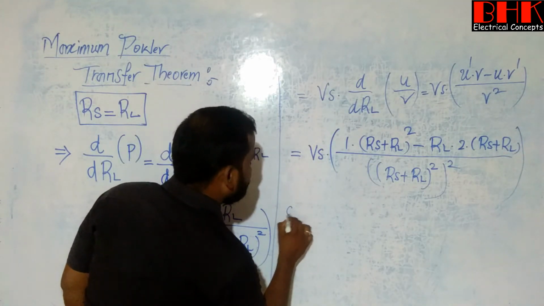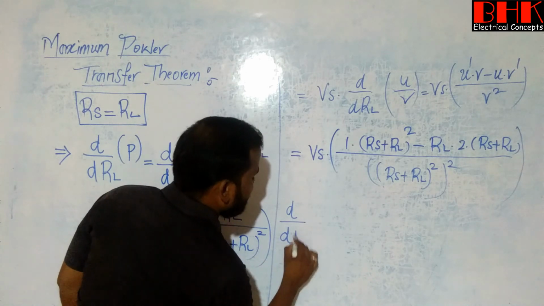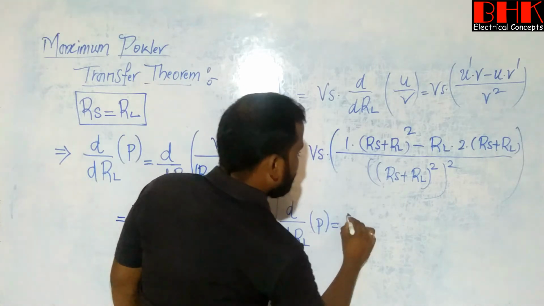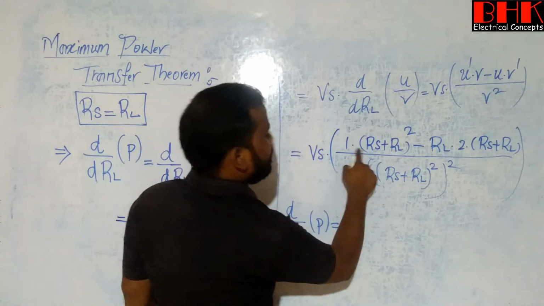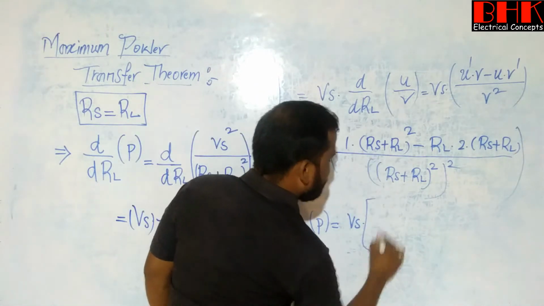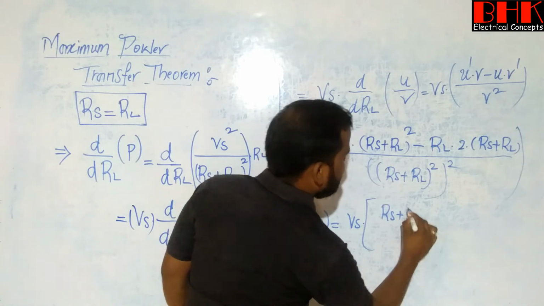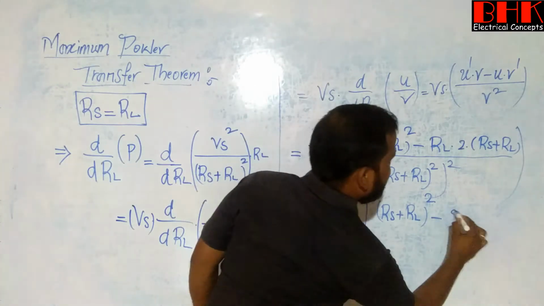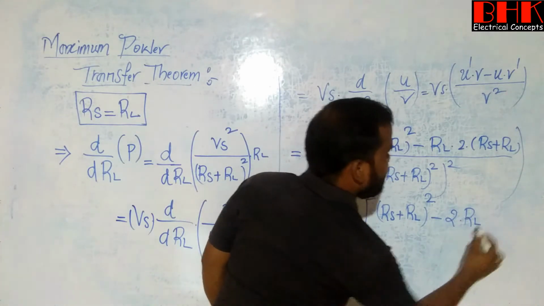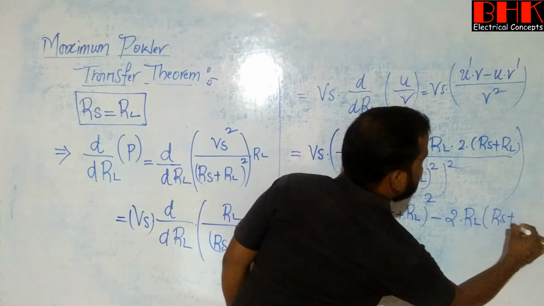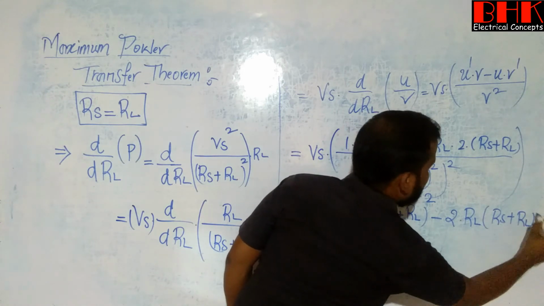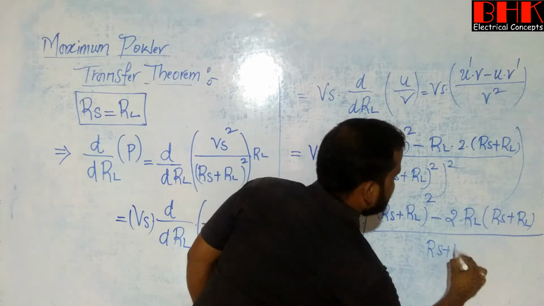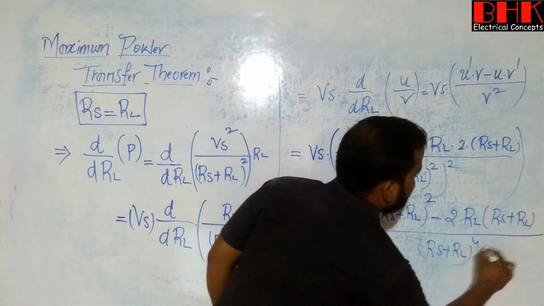So here d by dRL of P is equal to Vs into 1 into this term. It means Rs plus RL whole square minus 2 into RL into Rs plus RL, divided by Rs plus RL whole power 4.